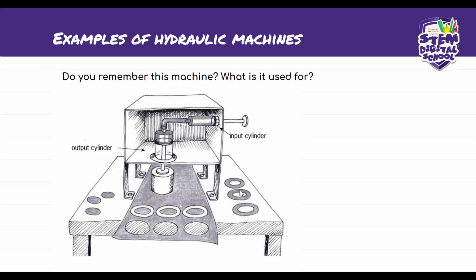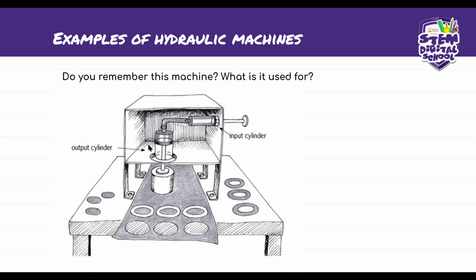Can you understand the function of this machine now? Yes, ma'am. It uses pressure. It compresses. Do you understand? So for this hydraulic press to use force to compress and cut out these washers, you need what?